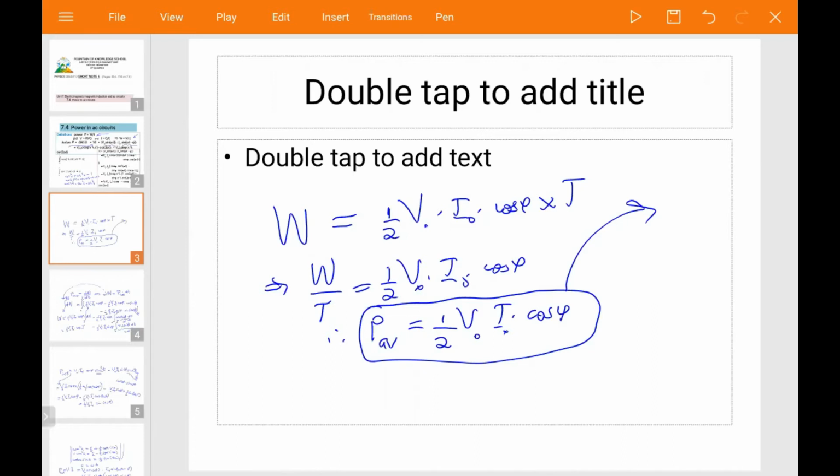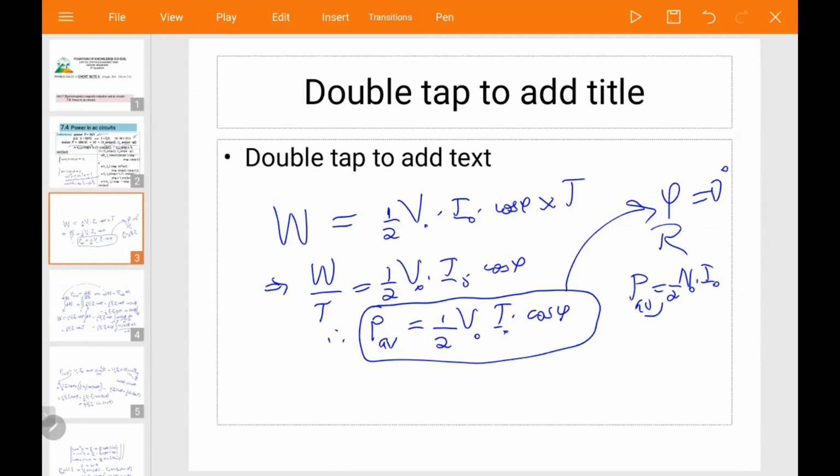All right. Nobody says anything. Either you don't hear me or you just keep quiet. When you have a pure R circuit, current and voltage are in phase, and the phase angle is 0 degrees. And you know mathematically very well that cos 0 degrees is 1. So when you have a pure R circuit, average power becomes a half of V0 I0.